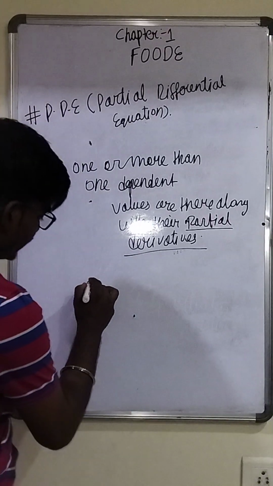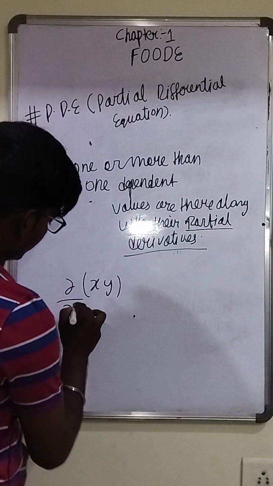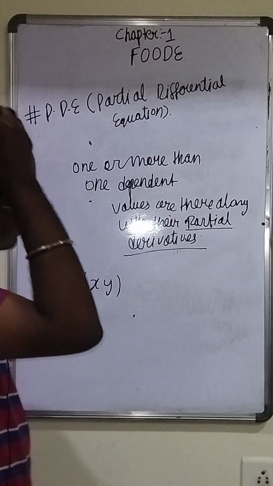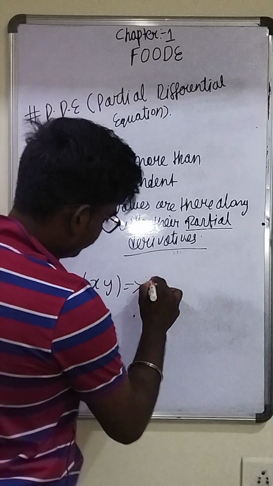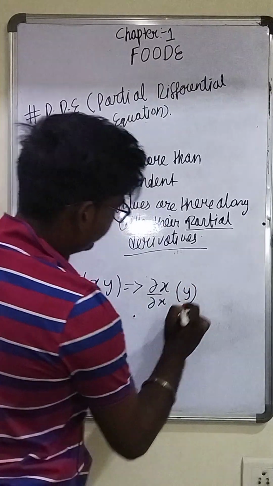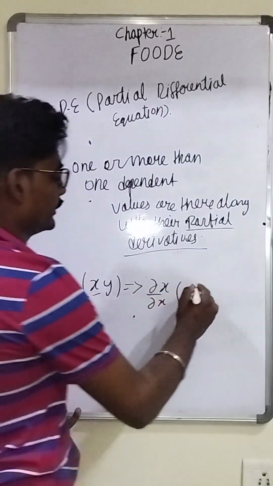If a question comes like the partial derivative of xy with respect to x, we take x and keep y as constant.